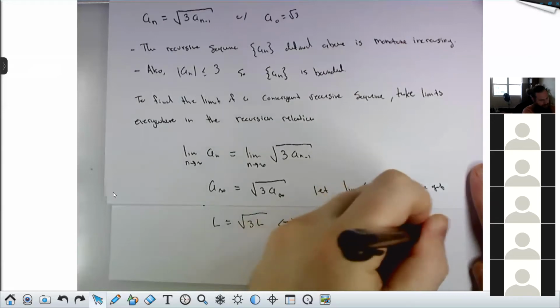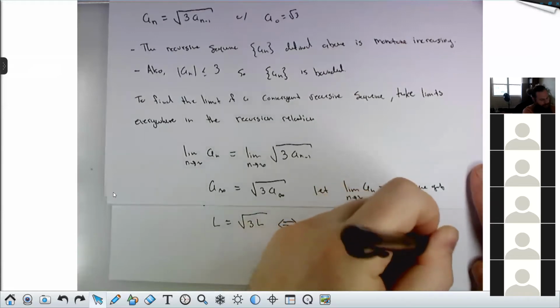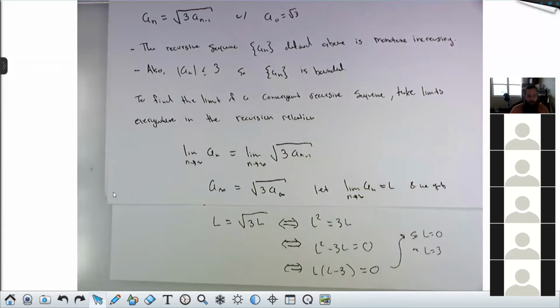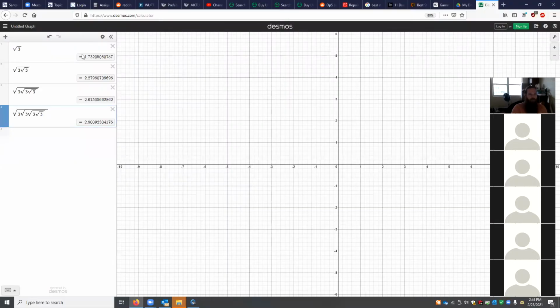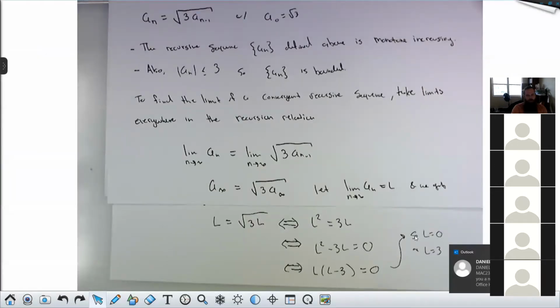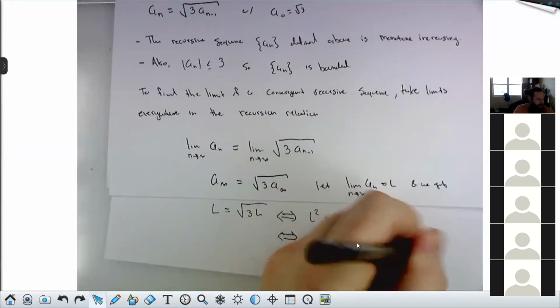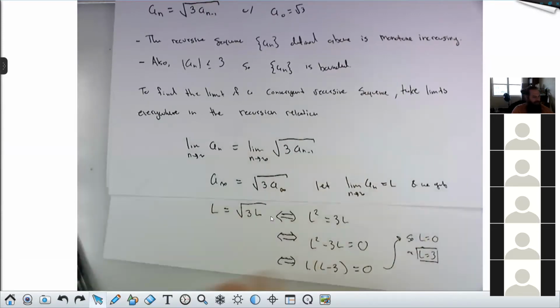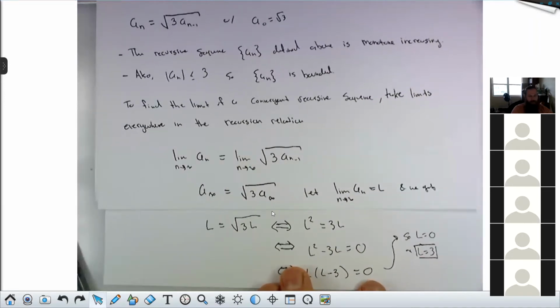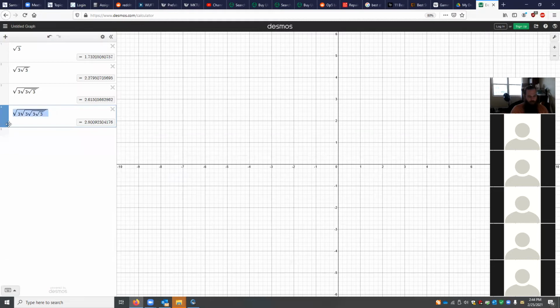So L equals 0, or L is equal to 3. Now, if you look at the first few terms of the sequence, it starts at something a little bit bigger than 1, and it keeps getting bigger and bigger. So L can't be 0. L has to be 3. So if you take this infinite nesting of square roots of 3, you actually get 3. Let me show you a little more.